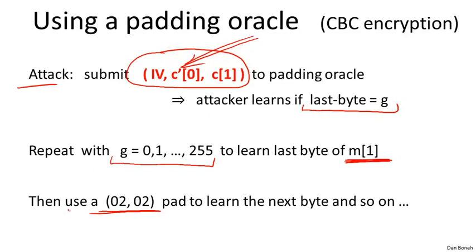Now we can guess the second to last byte of M1 by simply trying lots of values of G until we find one that makes the pad in fact be 0202. By issuing 256 additional queries to the padding oracle, we get to learn the second to last byte of M1. And now we can iterate this again and again, and since the length of the block is 16 bytes, after 16 times 256 queries, we get to learn all of M1.